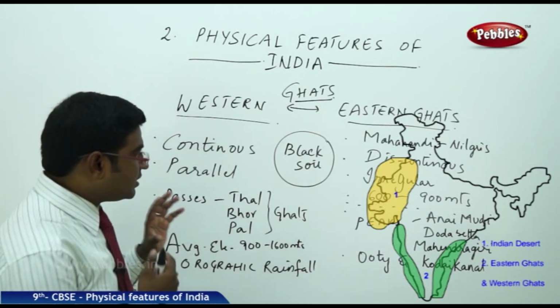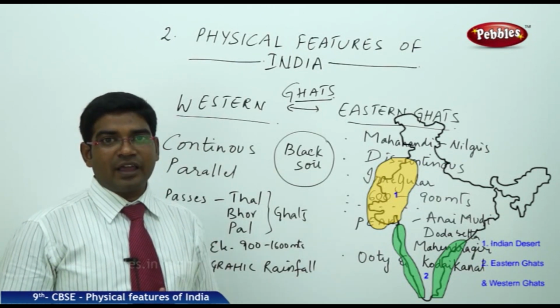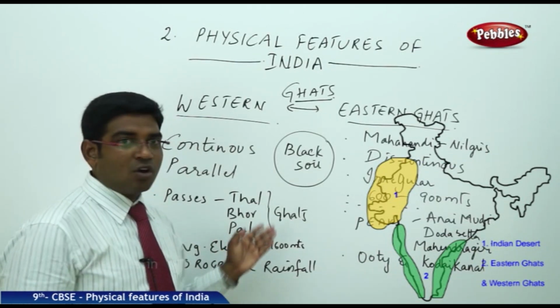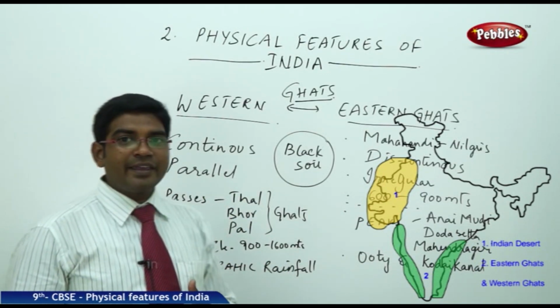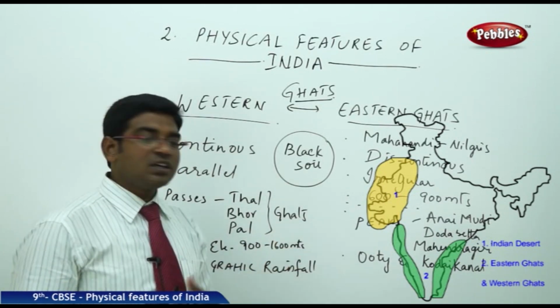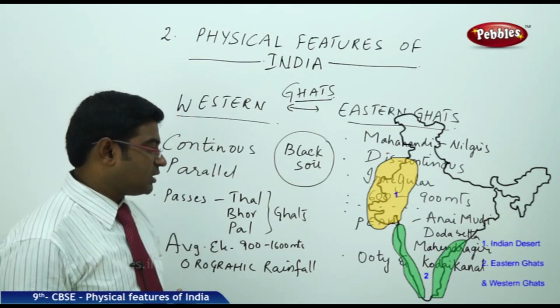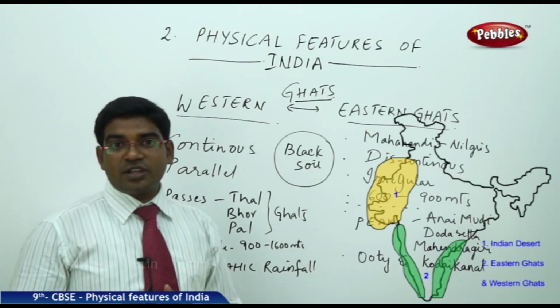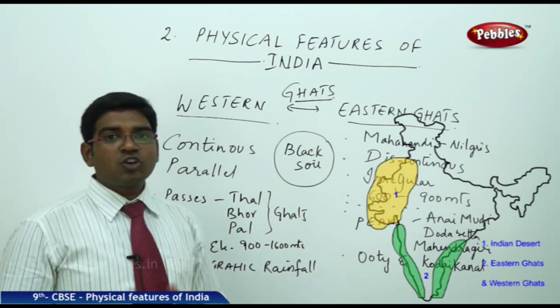Here in the Eastern Ghats and in the Western Ghats we have certain peaks which are very high when compared to the other places or to their average heights. That is, Anaimudi is the highest peak with 2695 meters, while the next is Dodabetta, and Mahendragiri Hills comes at the third place. And famous hill stations in the Peninsular Plateau are Ooty and Kodaikanal.